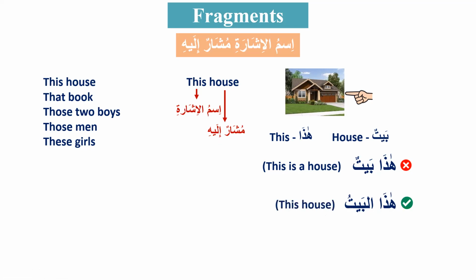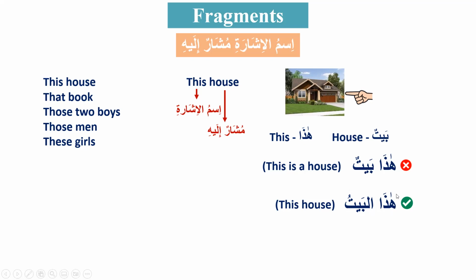This is a fragment, and it means this house. So when you are making a fragment like this, with ismul ishara and musharun ilay, the musharun ilay has to have an al with it. If there is no al, then it is not a musharun ilay. Then it will not be a fragment. It will be something else.